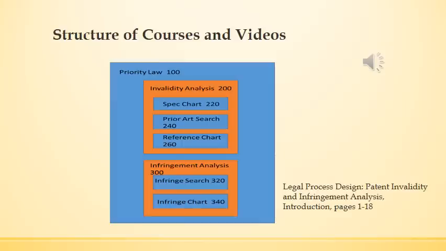These sword and shield tables are what we'll use to provide evidence of what our thinking is to supervisory lawyers or others that are working on the case with us, so they can still understand what our thinking is. Priority law also covers pre-AIA law and AIA law.